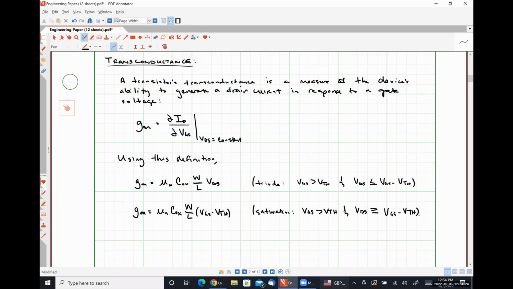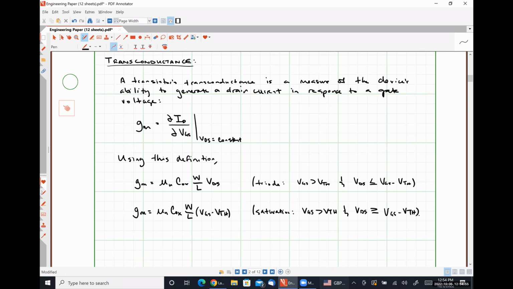They both have a common factor of mu n Cox W over L, right? So obviously those are all constants, and so that bit is the same for both of them. So which one is going to be larger depends on how VDS compares to the quantity VGS minus VTH, right? In the triode region, we know for sure that VDS has to be less than VGS minus VTH, which means the transconductance in the triode region is always going to be smaller.